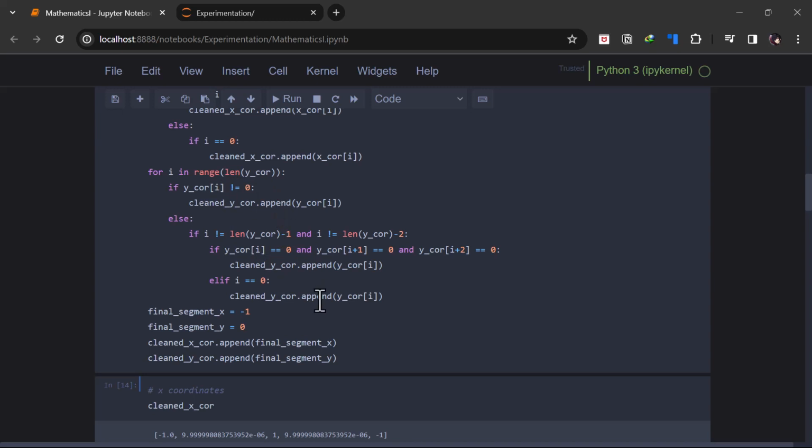This is a very fine nuance that many people would miss, as I missed it in my first try as well. So I had to figure out where the problem was lying, and this was the problem.